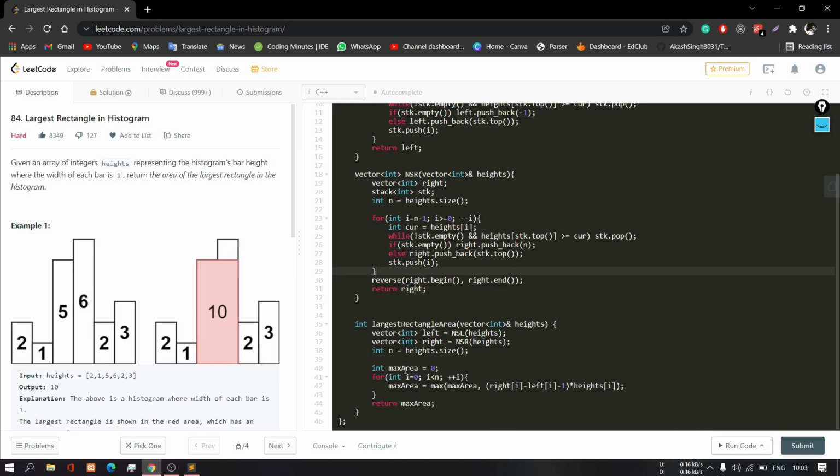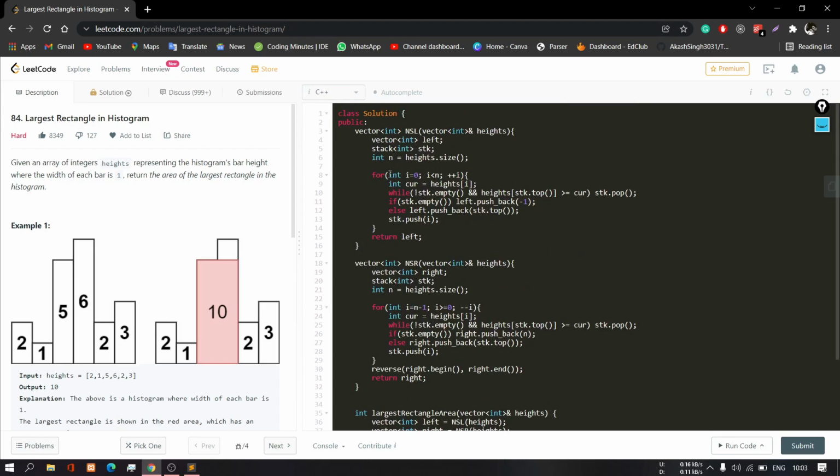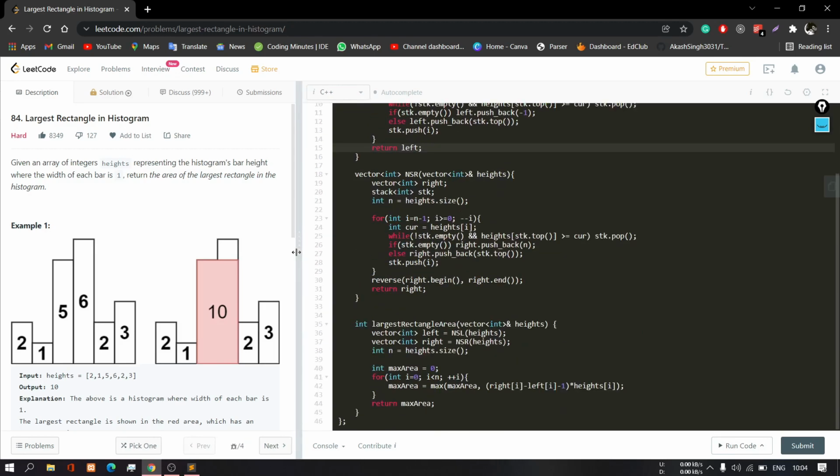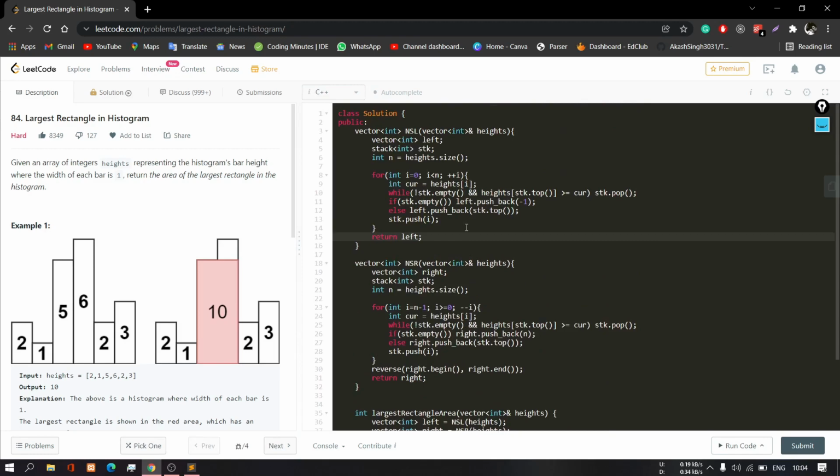I iterate through it, use the formula I told you for the width, multiply with the height, and get our maximum answer. This code is for NSL and NSR. Please try to understand it in another video or editorial, because without it, this question will be a blender for you. Okay, so let's submit it.